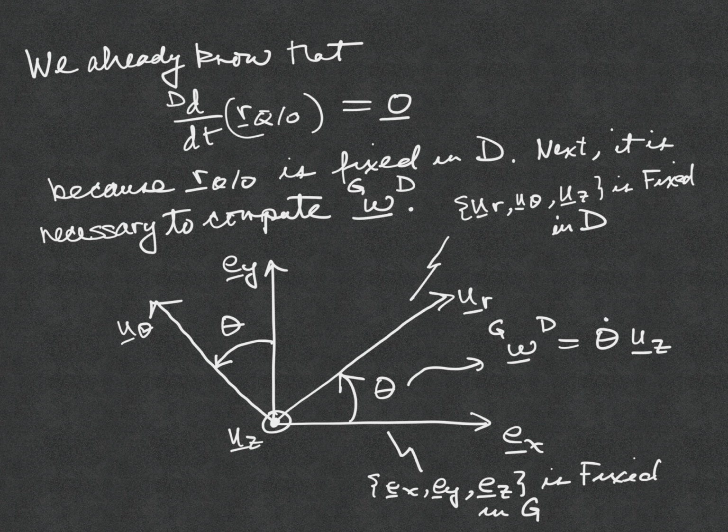So what are these things? Let's go into a little bit more detail so we can understand what all these things mean. We have omega DG is equal to theta dot times UZ.